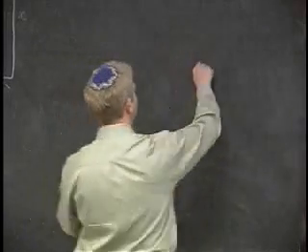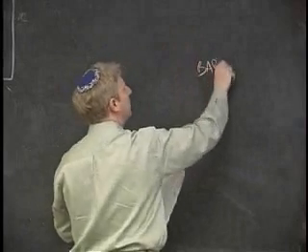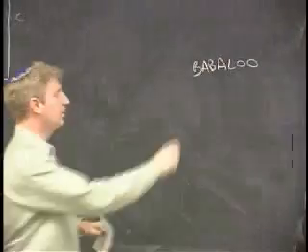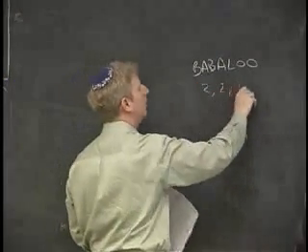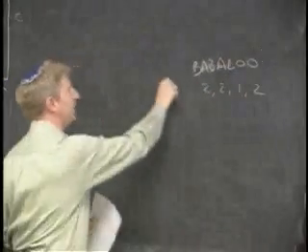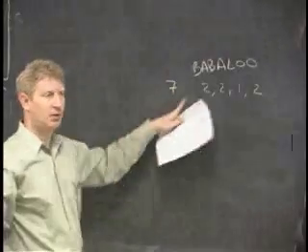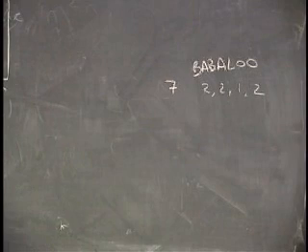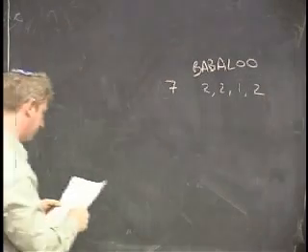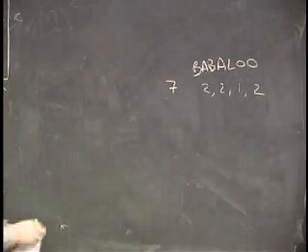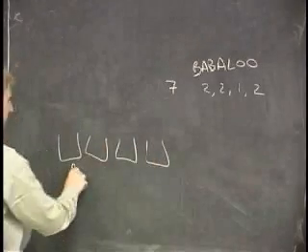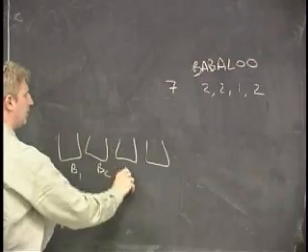Let's go back to Babaloon. Remember, we were permuting this where the types were 2, 2, 1, and 2. We were permuting 7 things, this many types of each. Now, let's say I had 4 boxes here. Box number 1, box 2, box 3, box 4. B1, B2, B3, B4.